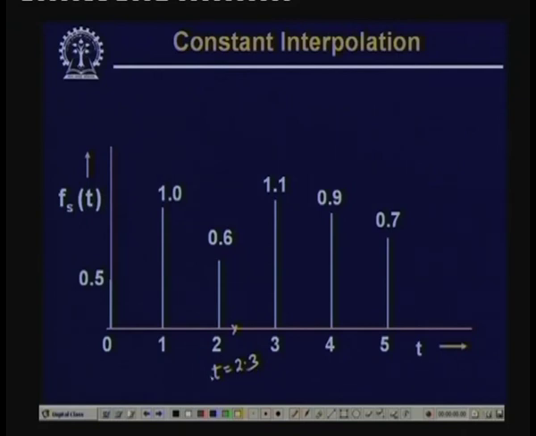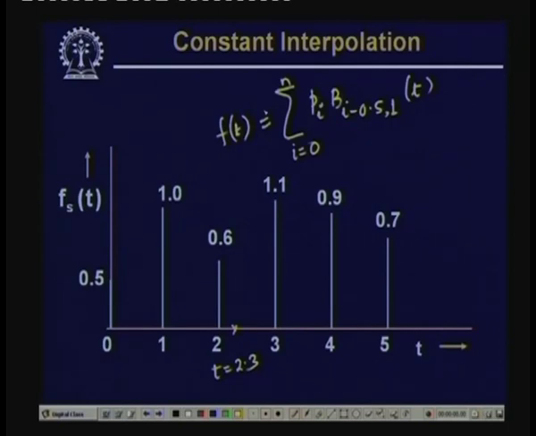For this, I will consider the equation to be P_i into B_i-0.5,k(t), where for constant interpolation the value of k is equal to 1, and I will take the sum for i equal to 0 to n. So, this will give me the approximate or interpolated value at t.